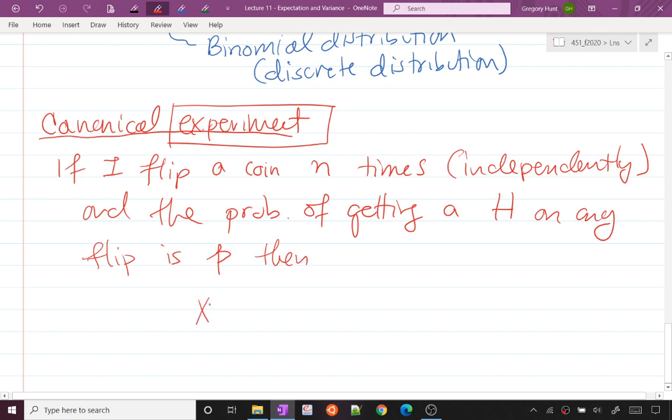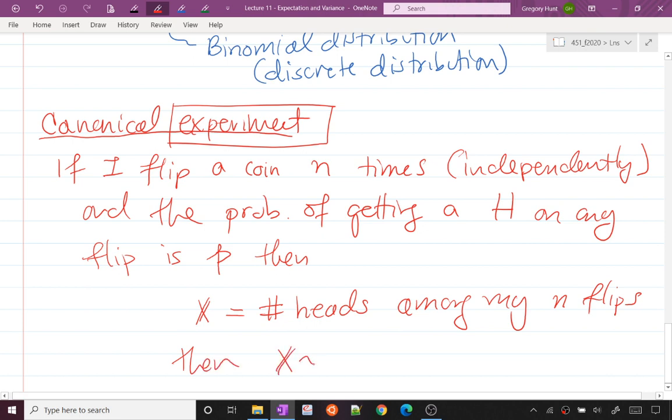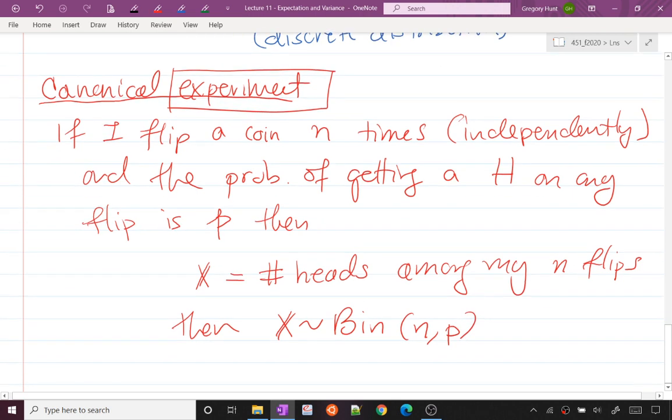Then if I let x be the number of heads among my n flips, then x has a binomial distribution with parameters n, the number of trials, and p, the probability of getting heads.